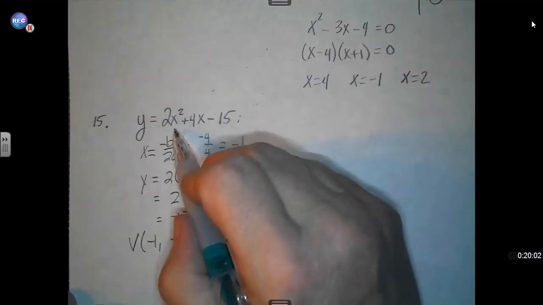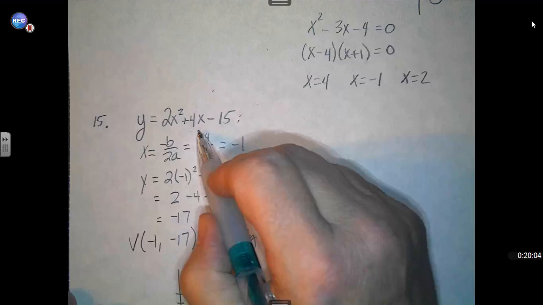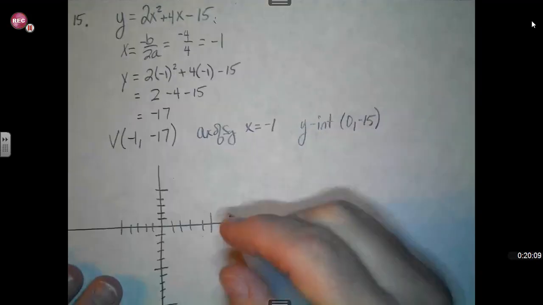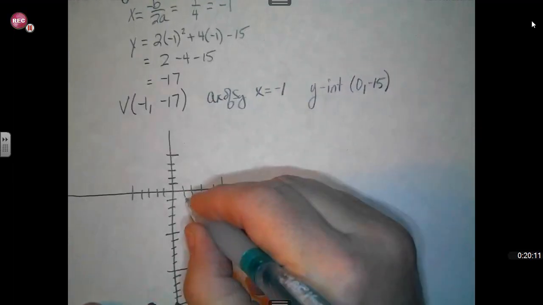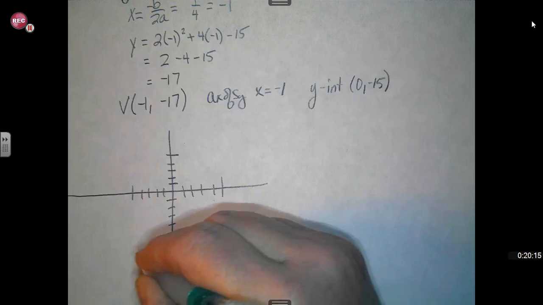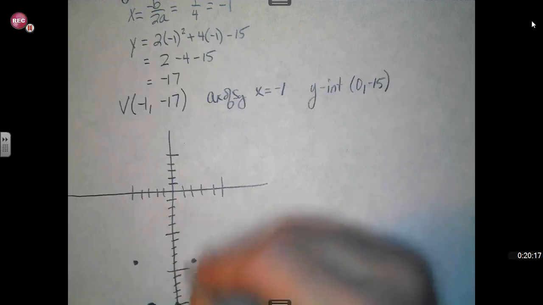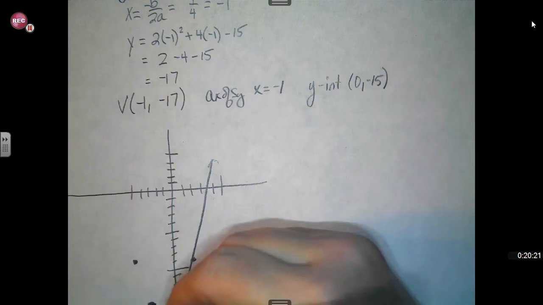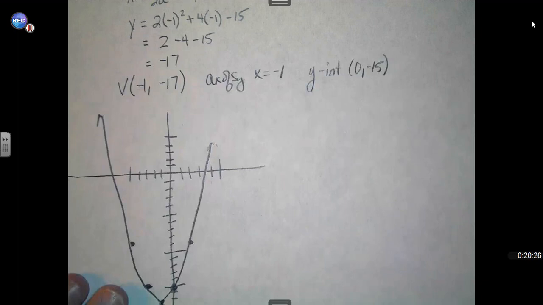If I plug in 1, I get 2 plus 4 is 6, minus 15 is negative 9. So I could graph the point 1, negative 9, and again use my axis of symmetry to get the other point over there, and get a pretty good idea of what my parabola looks like.